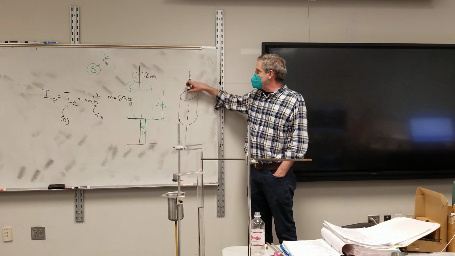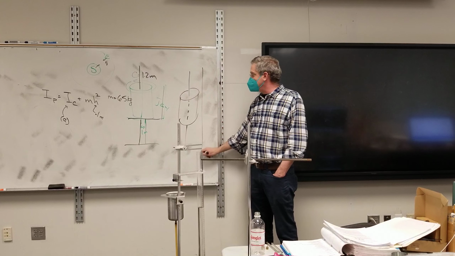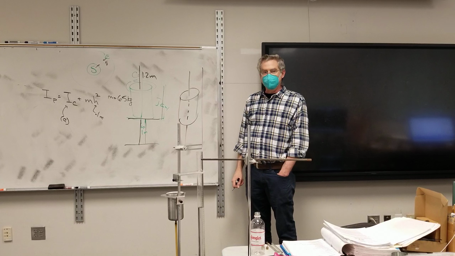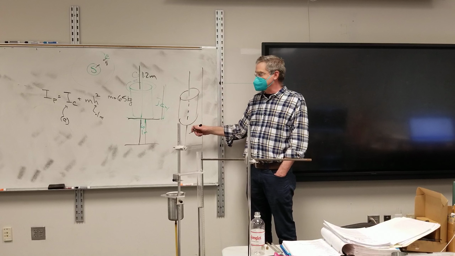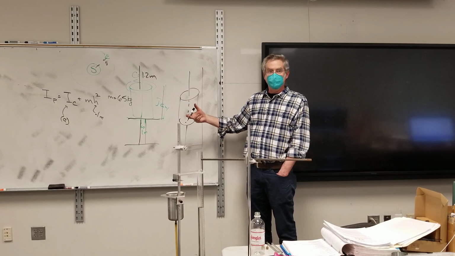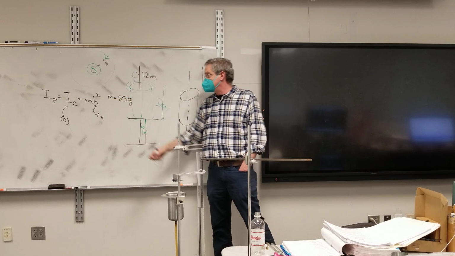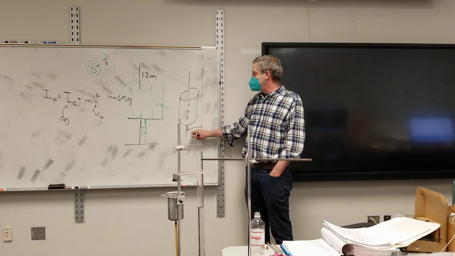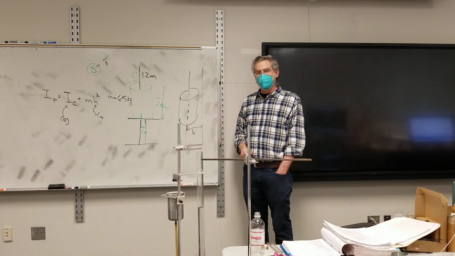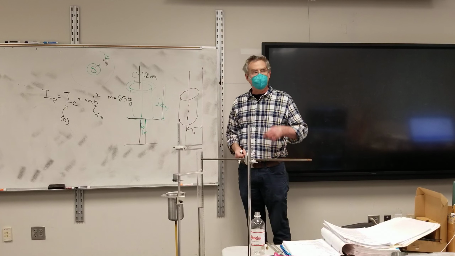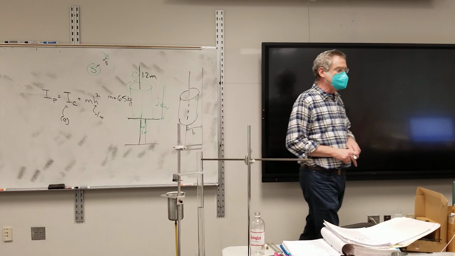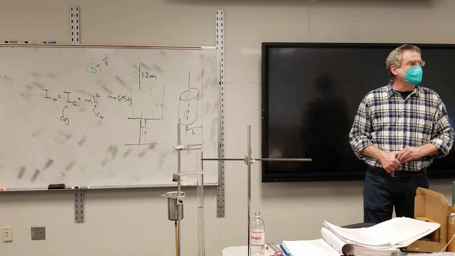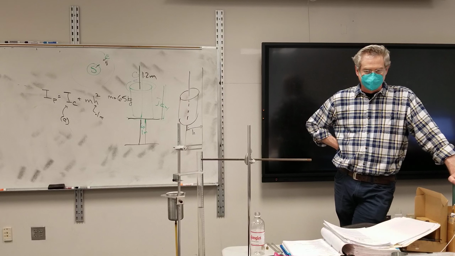If instead it's spinning about a parallel axis, we need to adjust our formula. You adjust it by taking the mass of the cylinder times that distance squared, and you add that to the other one. I get it. That makes sense.